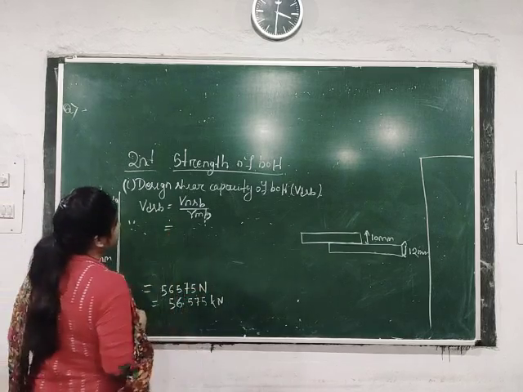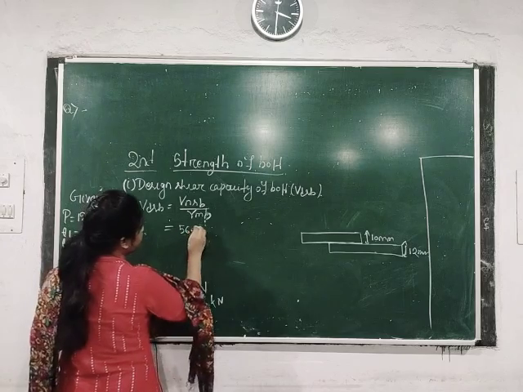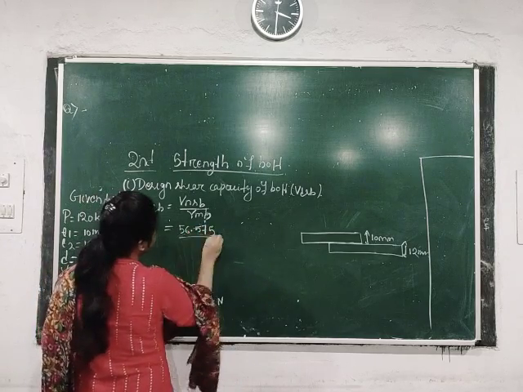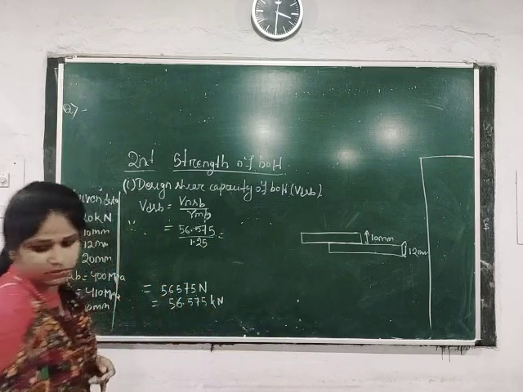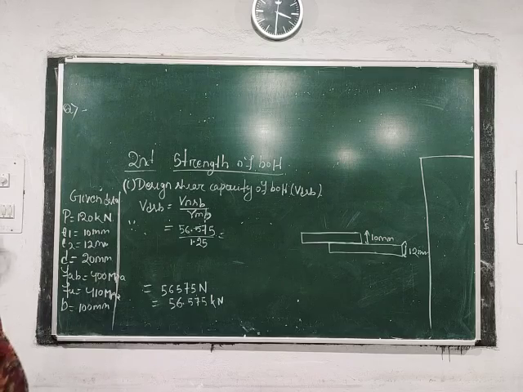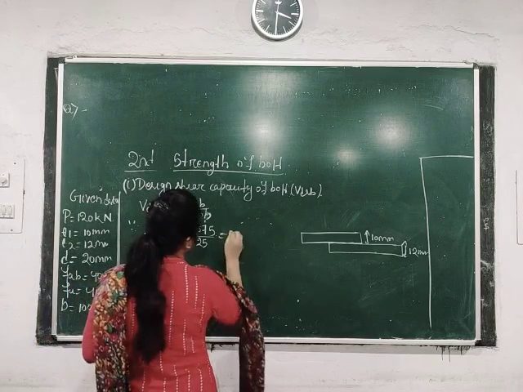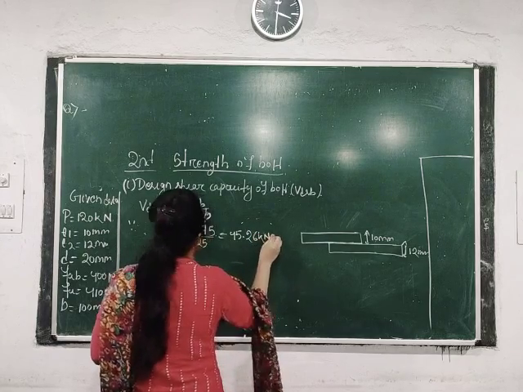So, here nominal shear capacity of bolt that we have calculated, that is 56.575 kilonewton divided by gamma MB, that is 1.25, and this value is coming 45.26 kilonewton. Okay.